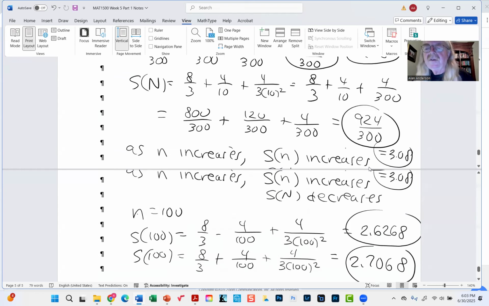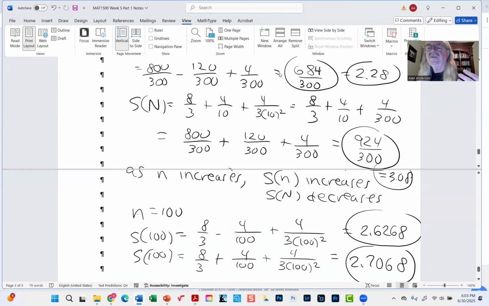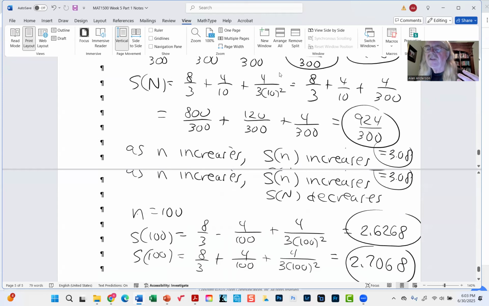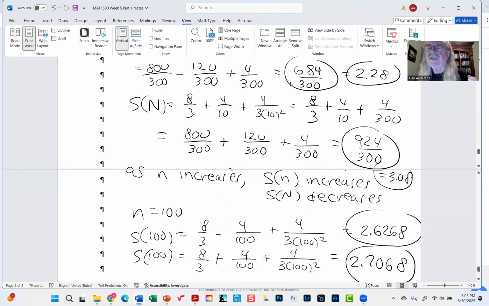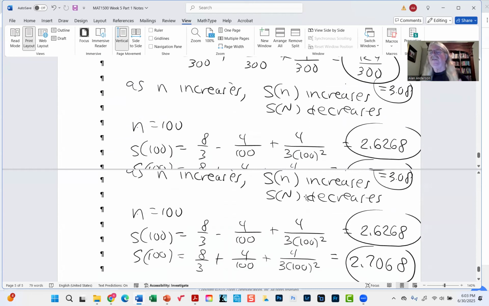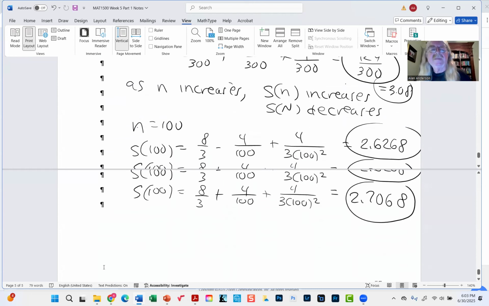They got closer: the smaller one got larger, the larger one got smaller, and the difference between them is quite a bit smaller. Here they're really close to each other. Before they're quite a bit off, and if we did it again for 1,000, of course the same thing would happen. We're not going to do that, but we get the point.